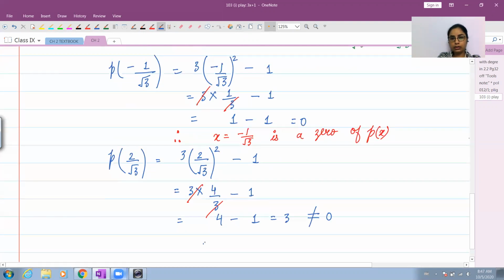So you can write down that x equals 2 by root 3 is not a 0 of P(x).